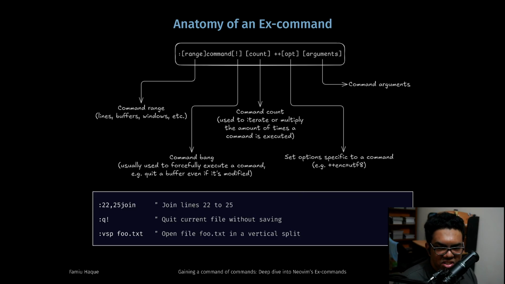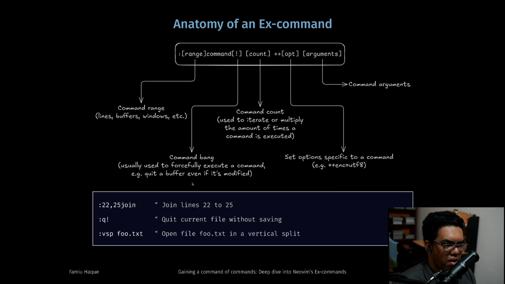So let's discuss the anatomy of an Ex command. I drew this cute little graph so you can see what an Ex command looks like. Firstly, an Ex command takes a range. It can be a range of lines, buffers, windows, whatever. Then you have the command itself, the command name, and then you have this exclamation mark here, which is optional.